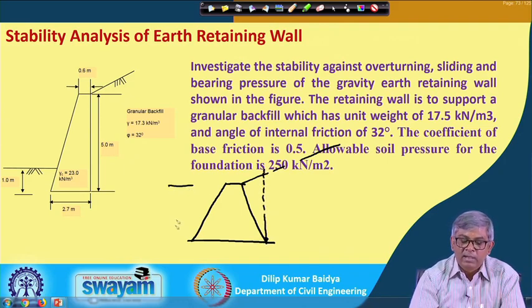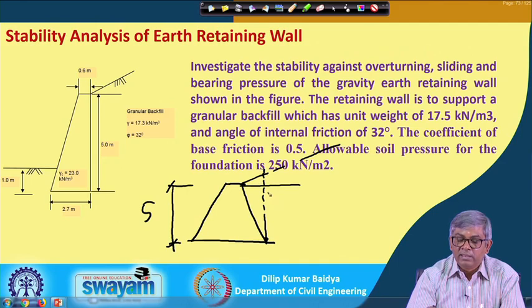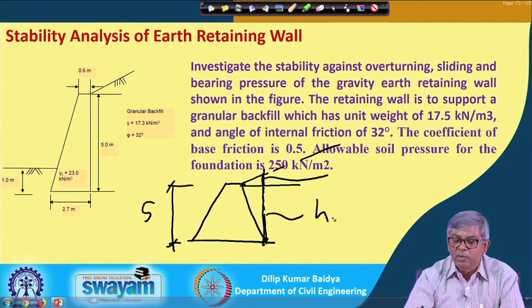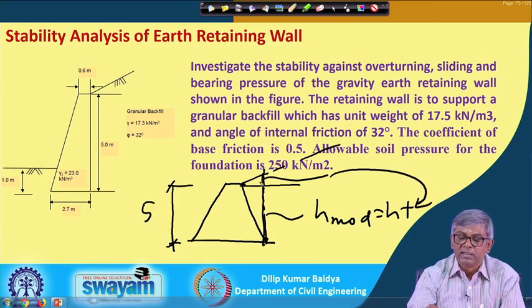Suppose the wall height was 5 meters, and this slope angle was given, then I have to consider this height also. Now I have to calculate the modified height h, which will be equal to h plus this height. How will I find this height? I know this angle, so from there I can find this.